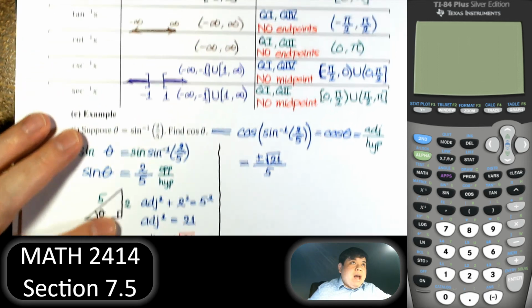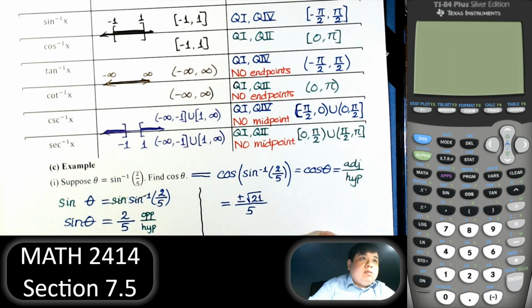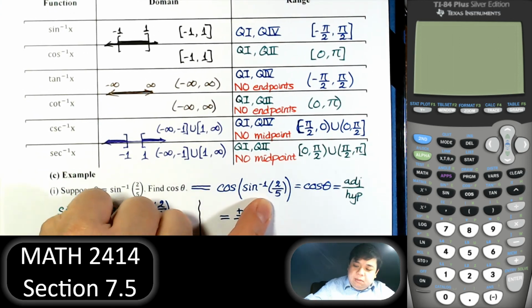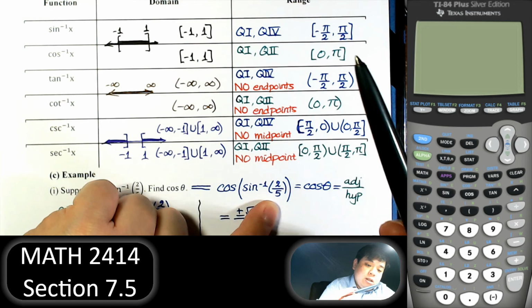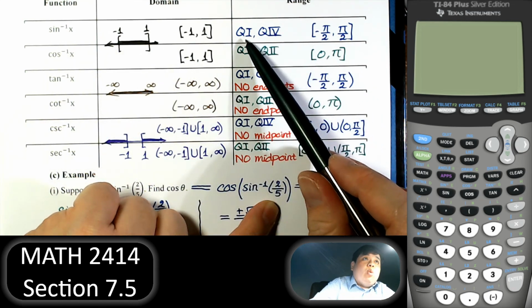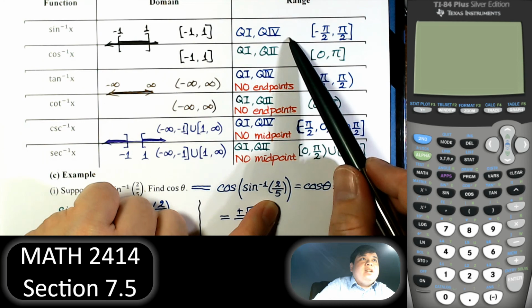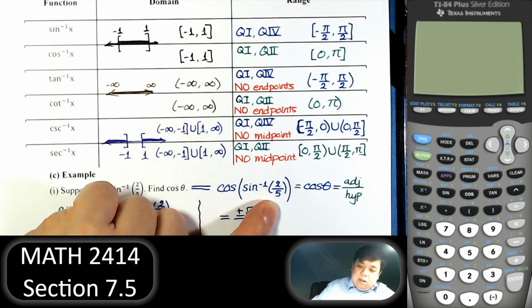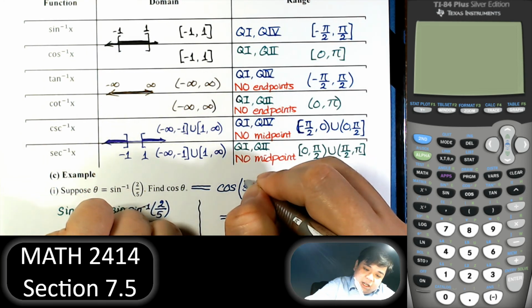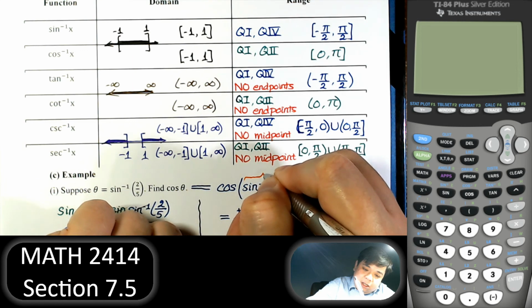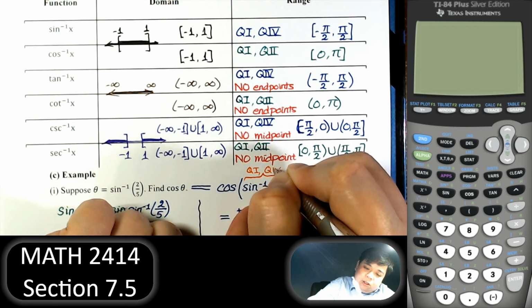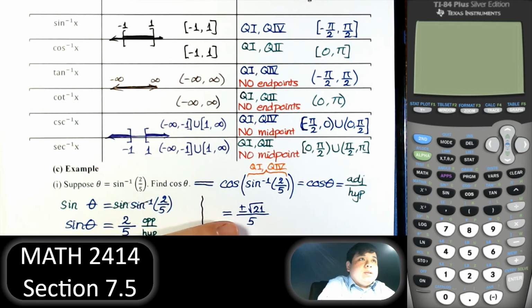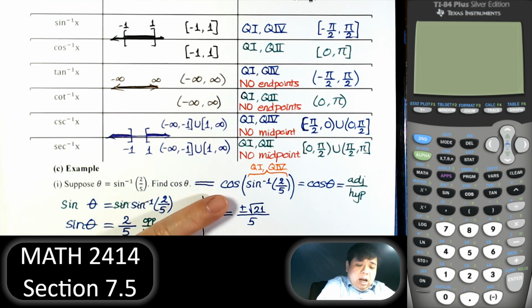Right. Now let's go back to the table we had earlier. Oh, we still need to key in here. So sine inverse of 2/5. It doesn't matter when we have the sine inverse, it is in quadrant 1 and quadrant 4, right? So notice that this is in quadrant 1 or quadrant 4. Now, think about this.